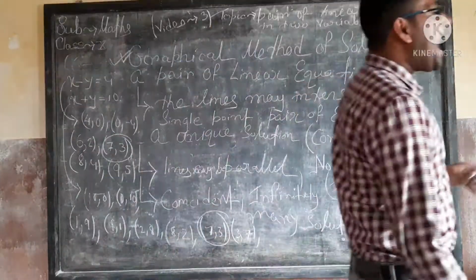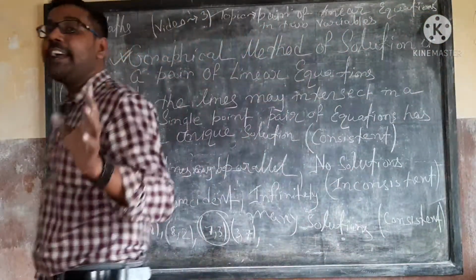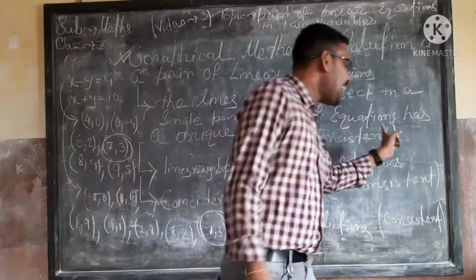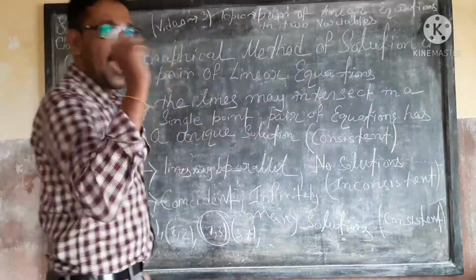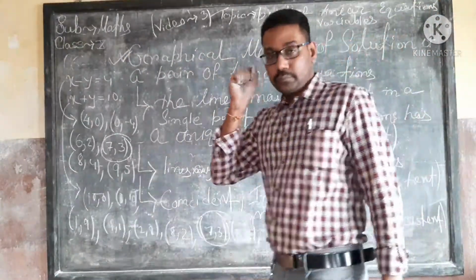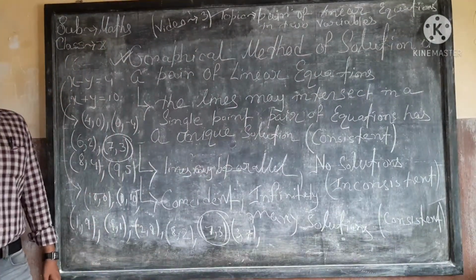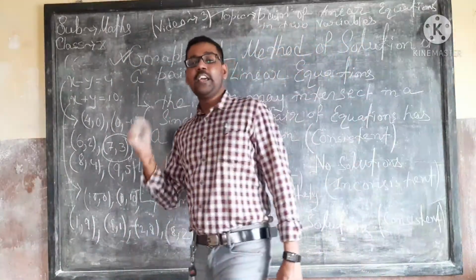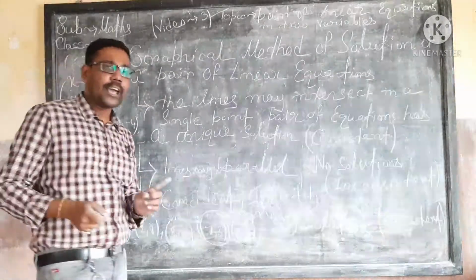So as per the number of solutions, we also find two most important concepts, that is consistent and inconsistent. What is the meaning of consistent? When any pair of linear equations has at least one solution, then the pair of linear equations is called consistent.